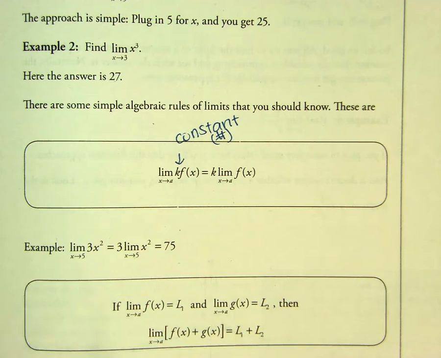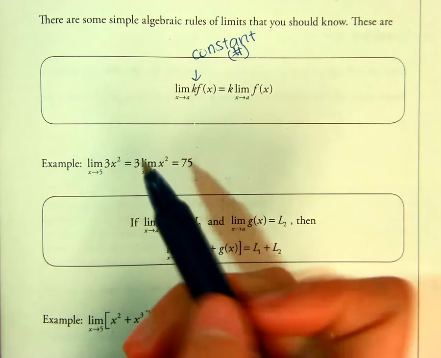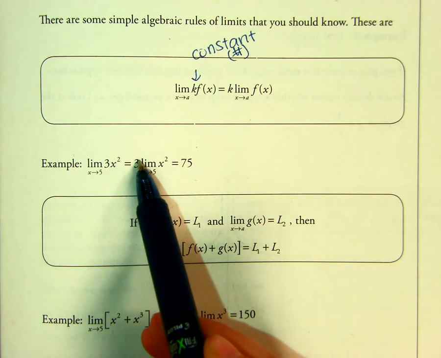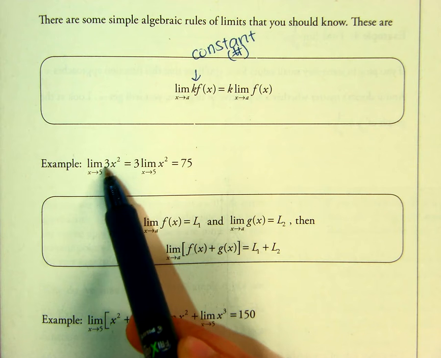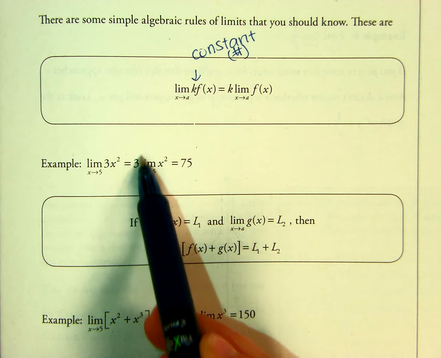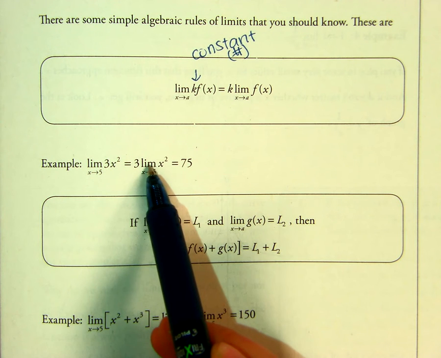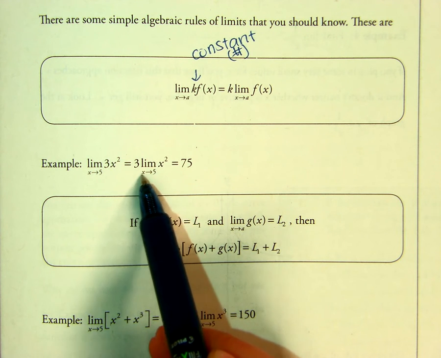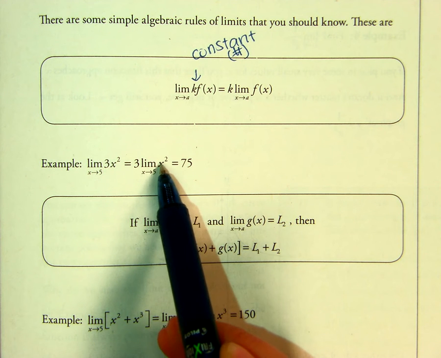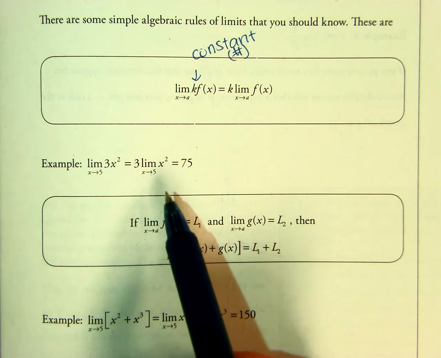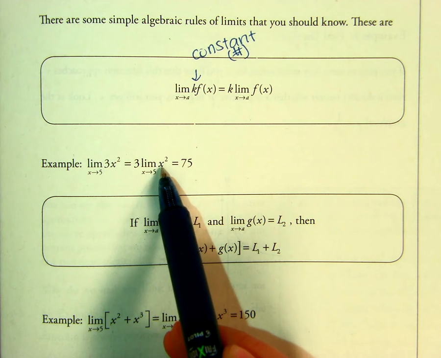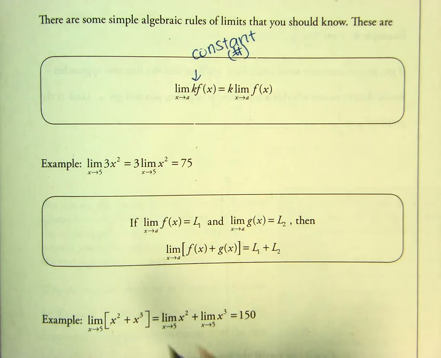An example of that is, let's say we've got 3x squared. We can ignore that 3 because it's a constant and it's just multiplying. So we take the limit of x squared as x approaches 5; x squared is 5 times 5, so that's 25. Then we multiply it by 3 and we get 75.